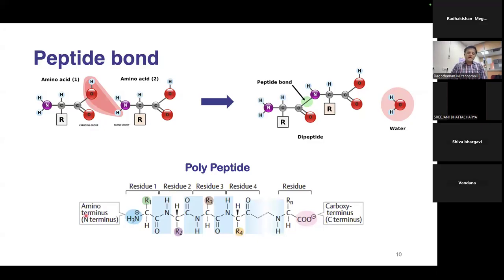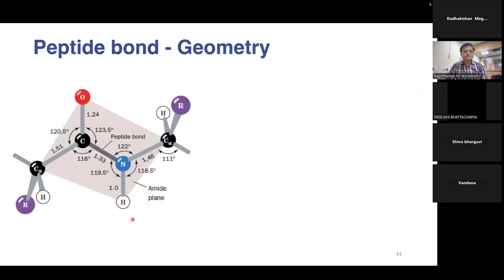When you are looking at a polypeptide, what you will see instantly in the primary sequence is that the side chains R1, R2, R3, R4 do not all face the same side. They are staggered one after the other, and that is how the stereochemistry works to fit the entire polypeptide chain in a primary structure.